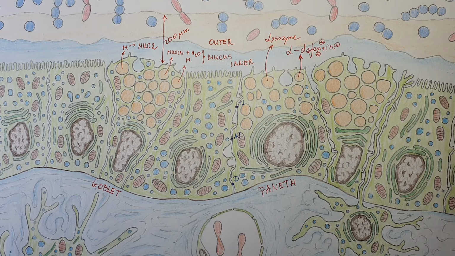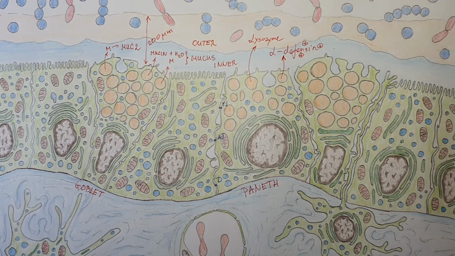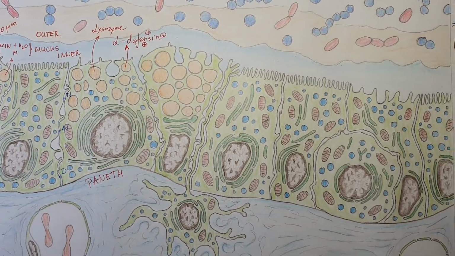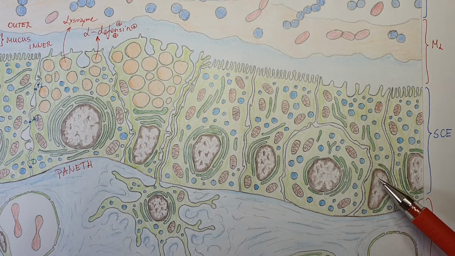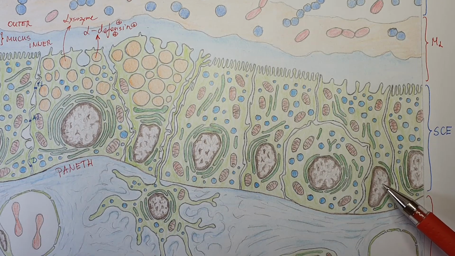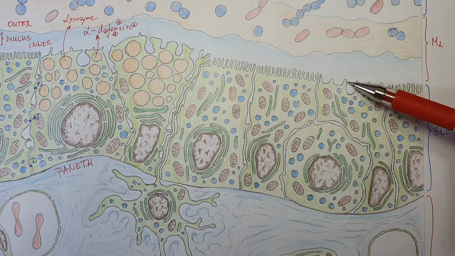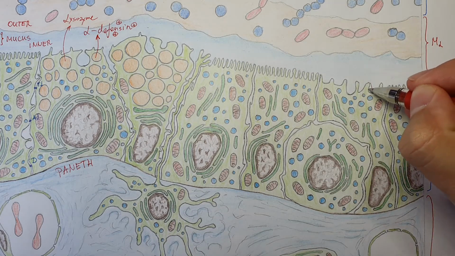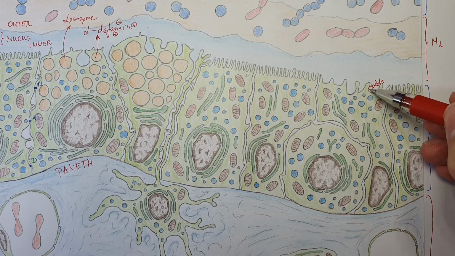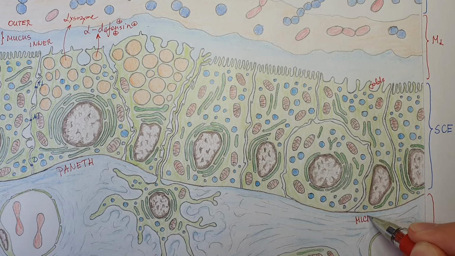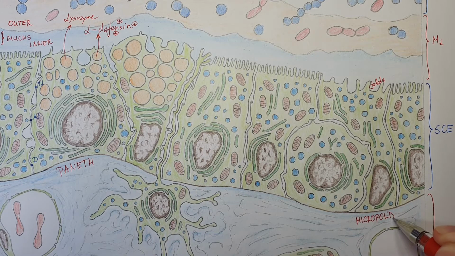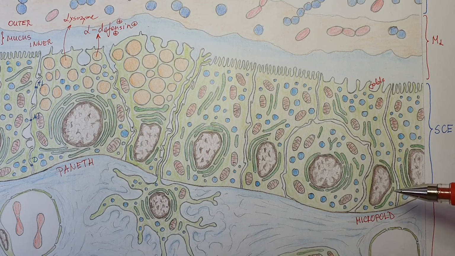The second important cell I want to talk about is the microfold cell. So this would be a microfold cell, this cell. The microfold cells are called like that because they have actually these folds into the membrane, and these cells, microfold cells, are actually special antigen presenting cells.